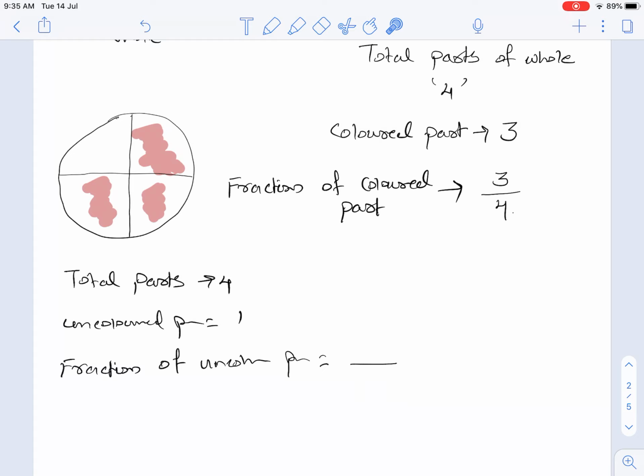So what is the total number of parts here? 4. That we will write in the denominator. Now in the numerator, what do we write? We write the number of uncolored parts. How many uncolored parts are there? There is only one uncolored part. So the fraction of the uncolored part is 1/4. Is it clear? This is what we mean by a fraction. Now let us see the different types of fractions.